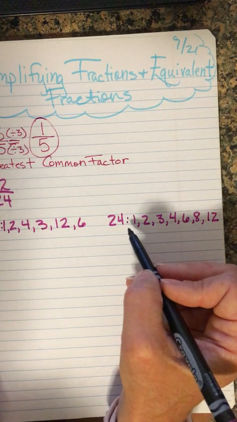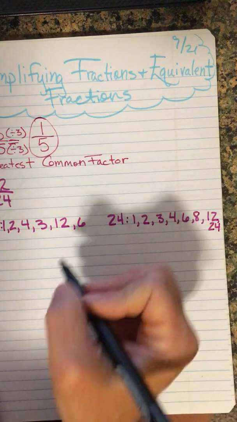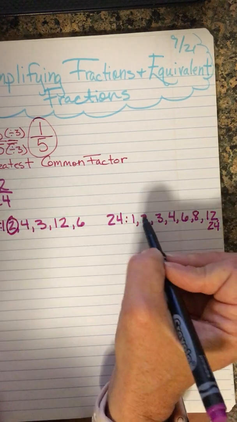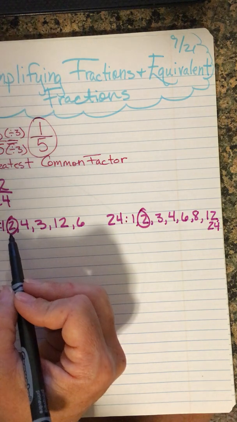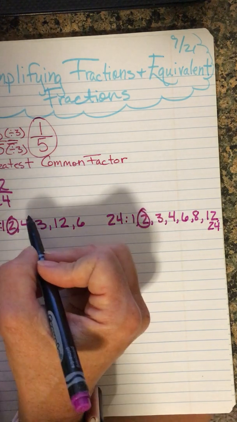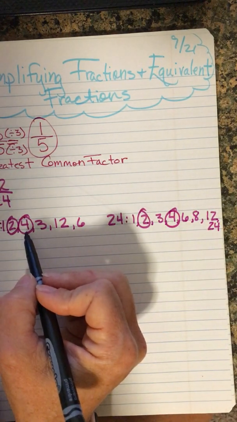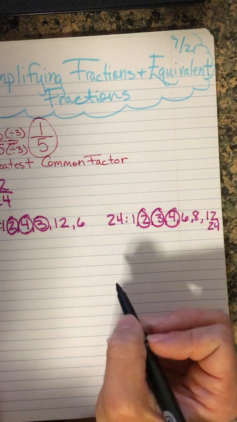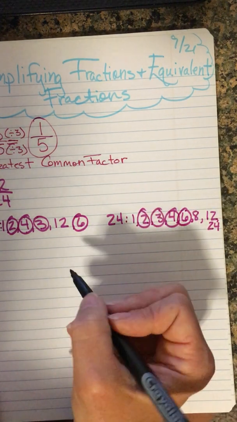So when you're doing this, you want to be thinking about the common factors that you have. So I can divide both these by 2, but it's not the greatest common factor. If you just go with the fastest one, you're usually going to have to reduce it a couple of times. I could go with 4, but is that the greatest one? Nope. I could go with 3, also not the greatest one. I could go with 6, again, not the greatest one.